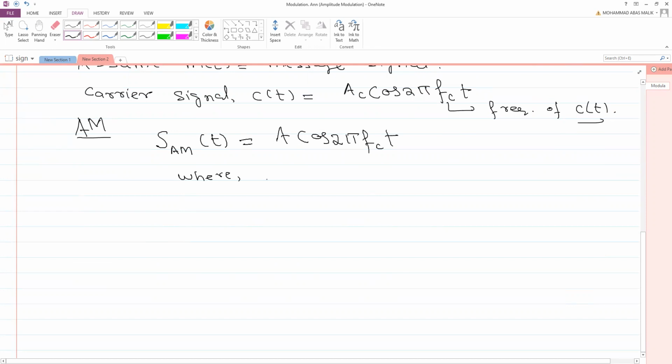Where A will be equal to Ac plus m(t). You just remember this.